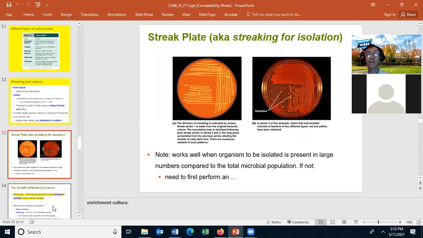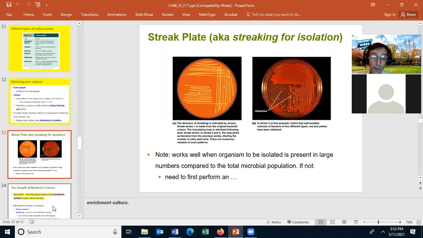All right, let's talk a little bit more about streak plating, meaning streaking for colony isolation to obtain isolated colonies.